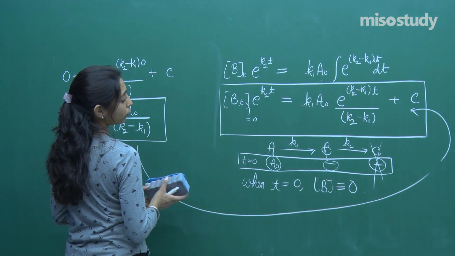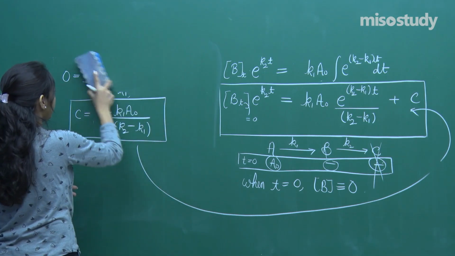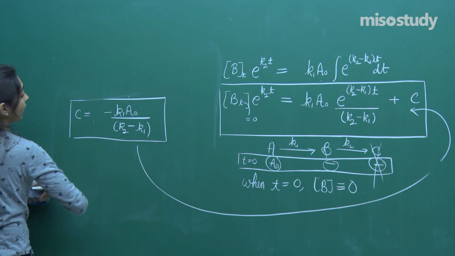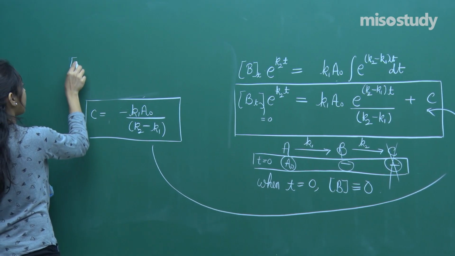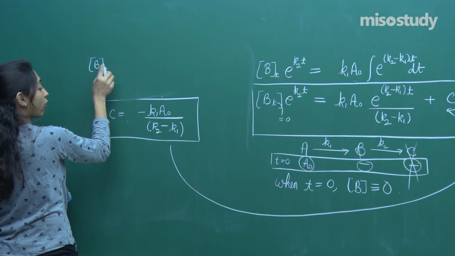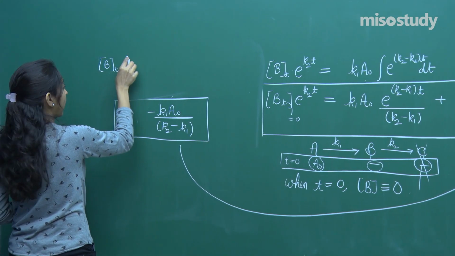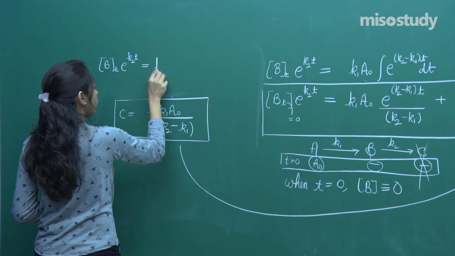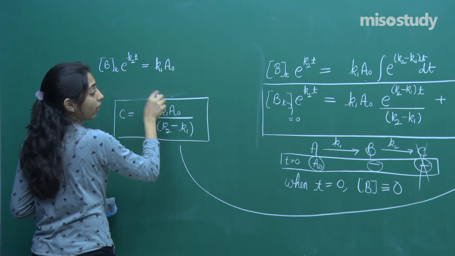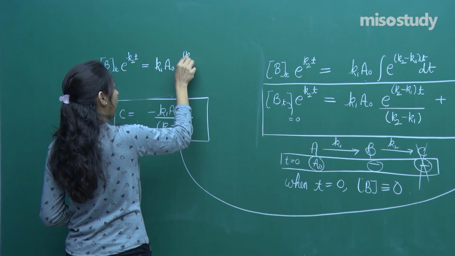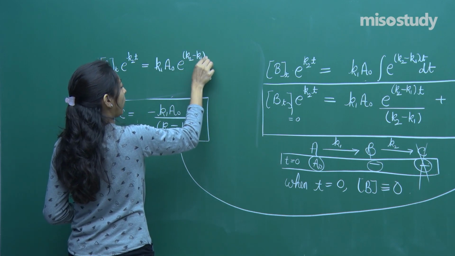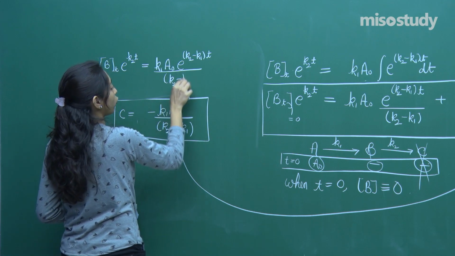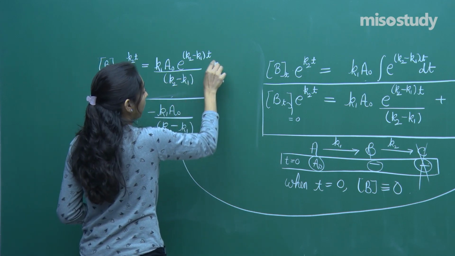So when you substitute, let me rub this section of the board. Let me write. So you will be getting concentration of B at time t multiplied by e raised to the power k2t is equal to k1 a naught e raised to the power k2 minus k1 times t divided by k2 minus k1 plus c.